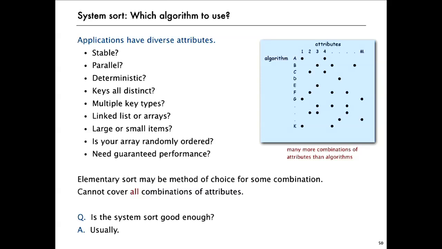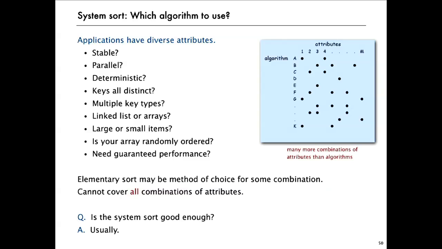You can think of a matrix, shown on the right here, where we list out all the possible attributes, and then there are algorithms that work well for different combinations of attributes. But the thing is, there are way more possible combinations of attributes than there are algorithms.